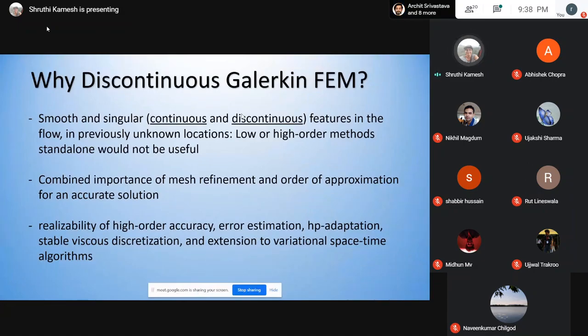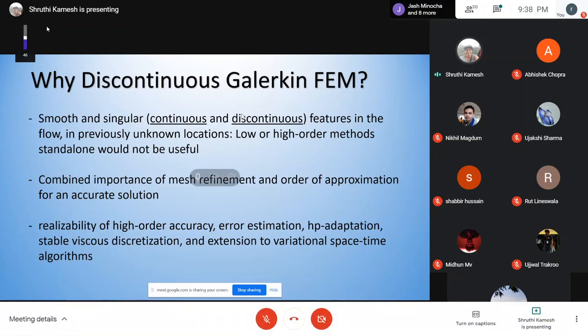We just refine the mesh a little bit, which is that you increase the number of elements over which the equations are solved, right? That's a very simple way of doing it, and it's the most straightforward way. But both of these have an importance for an accurate solution if you want more detail.